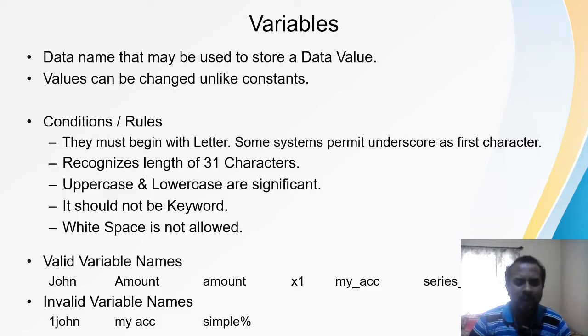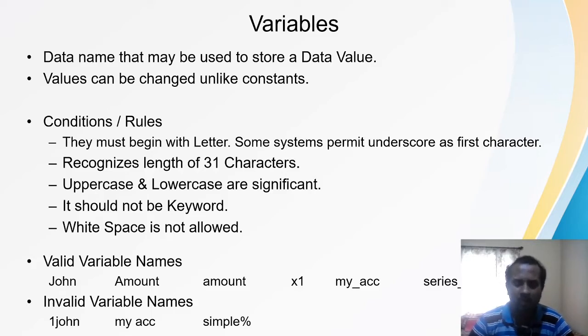If I write uppercase Total and lowercase total, they are completely different. It should not be a keyword, and white spaces are not allowed. It may be tab, new line or anything, but white spaces are not allowed. So you have rules similar to the identifier rules, but make sure that variable names are understandable, proper names.